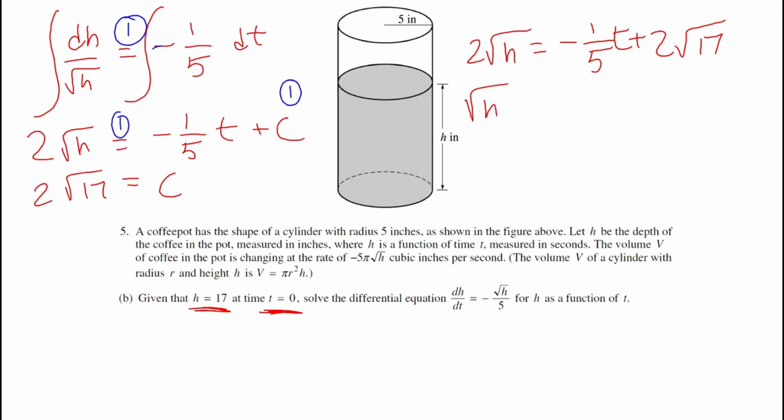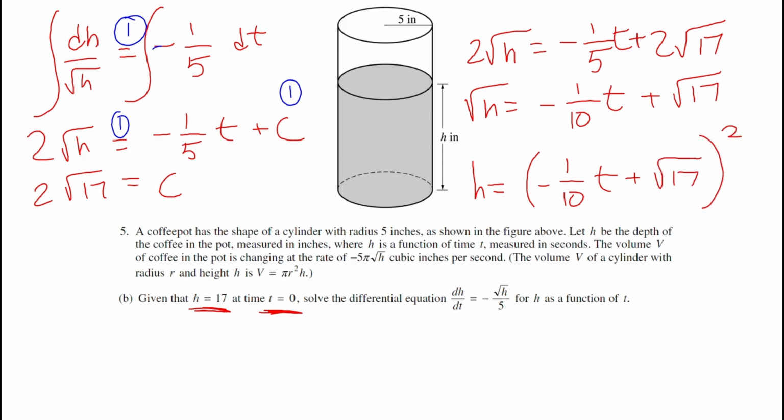So we get root h is equal to negative 1/10 t plus root 17. And then we'll just square it to get h equals negative 1/10 t plus root 17, all squared. And that was worth 5 points. So we already talked about the first 3. The fourth one was for actually finding c and plugging it in. And the fifth one is for getting your final answer.